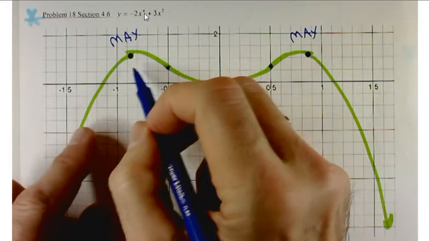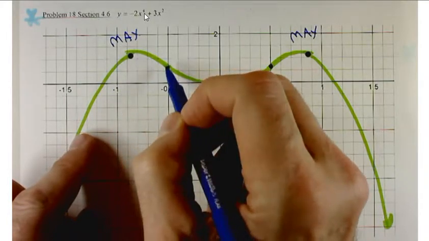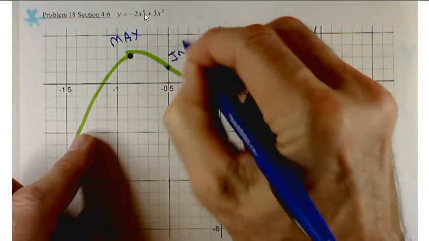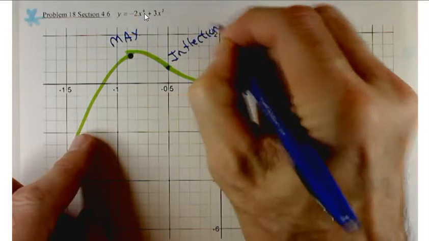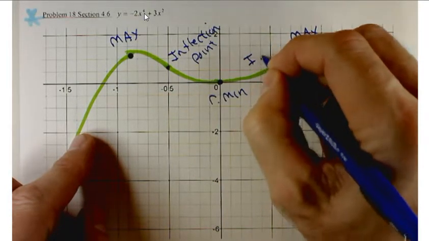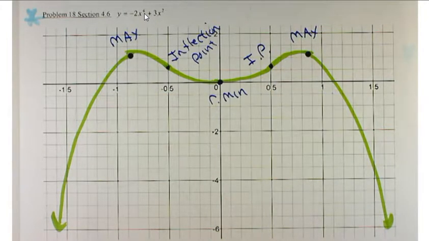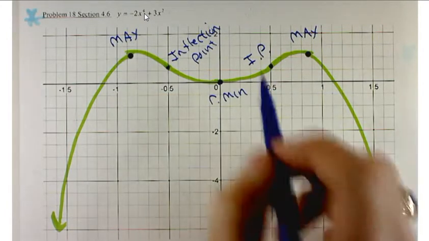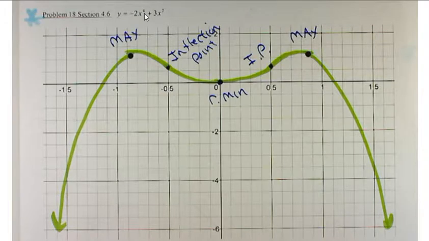It's where the concavity changes from concave down to concave up. That's your inflection point. Inflection point. There we go. But notice how we combined a ton of things that we knew in coming up with a very nice and detailed graph.